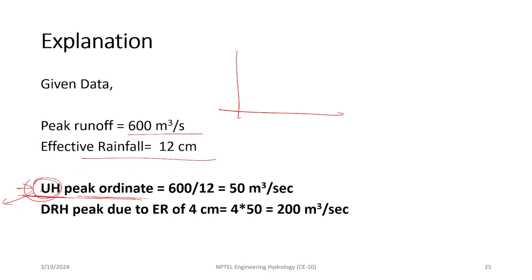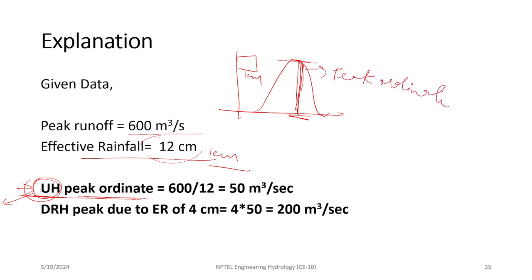So we have to divide this entire value by 12 centimeter, then only we will get the value for 1 centimeter. This is the P coordinate. If we divide 600 by 12, we get 50 meter cube per second.